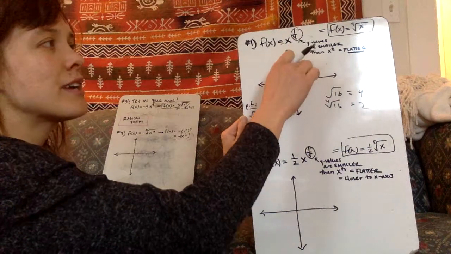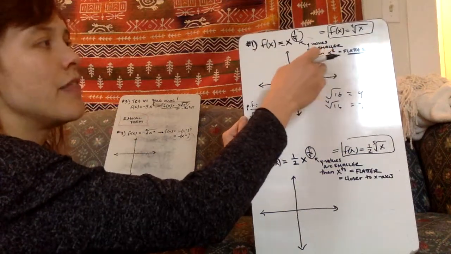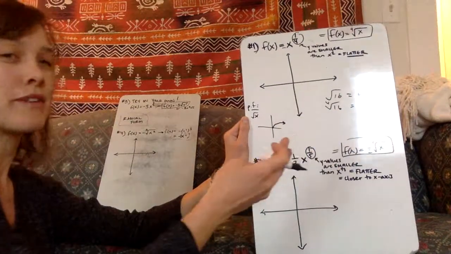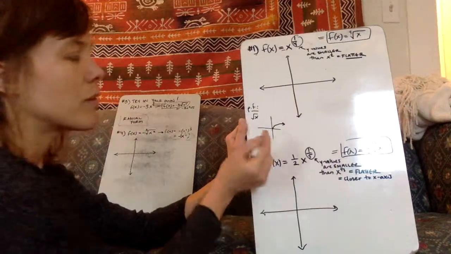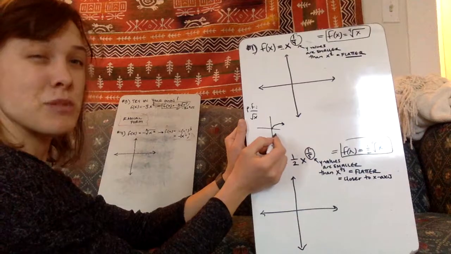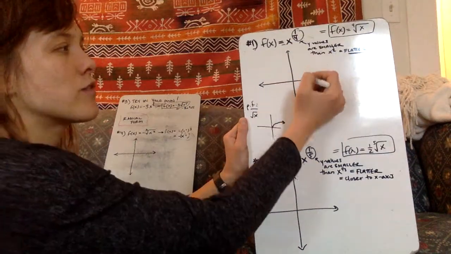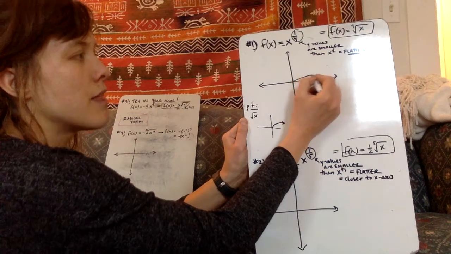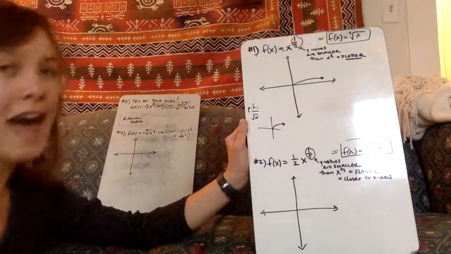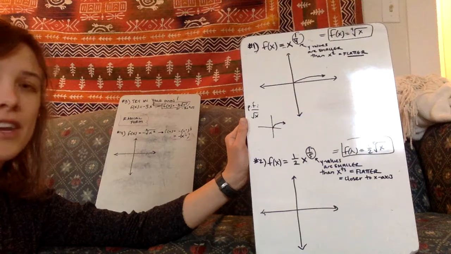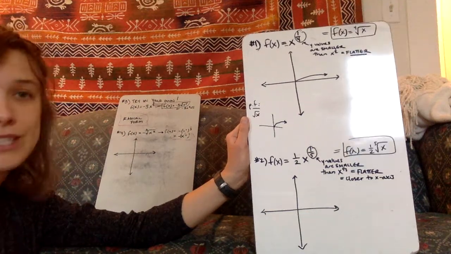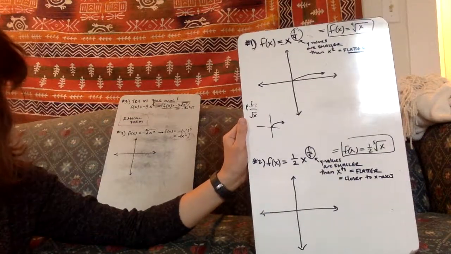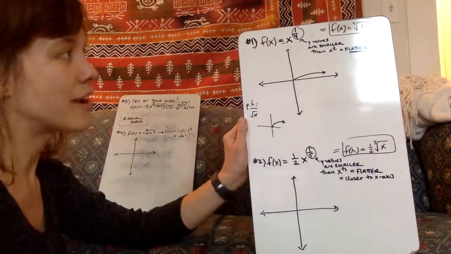My y values are generally smaller than my x to the 1/2, or square root of x, values would be. So where the square root parent function would look like this, my y values for the 4th root function are going to be smaller. So this is actually going to be a flatter function. It's still got the curve to it, my y values are still greater than or equal to 0, but I've got a much flatter slope.